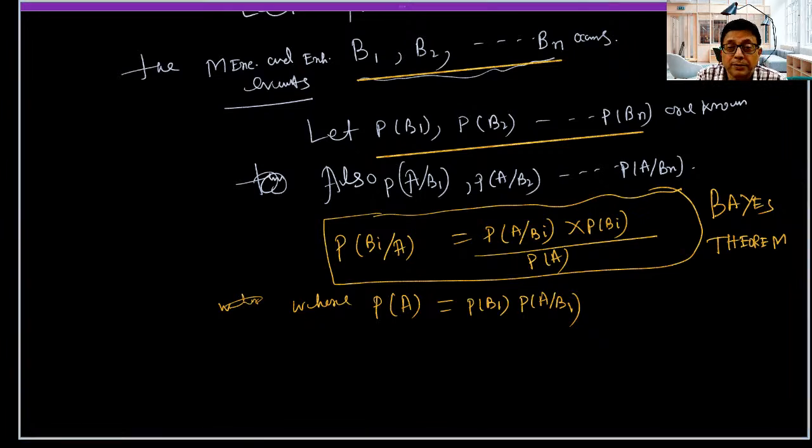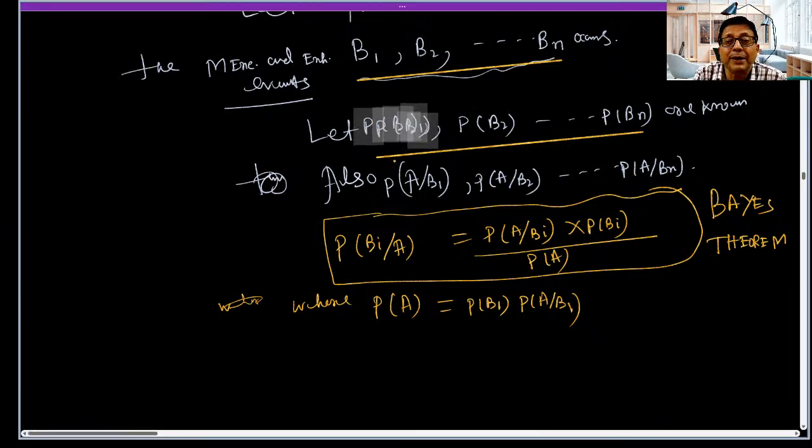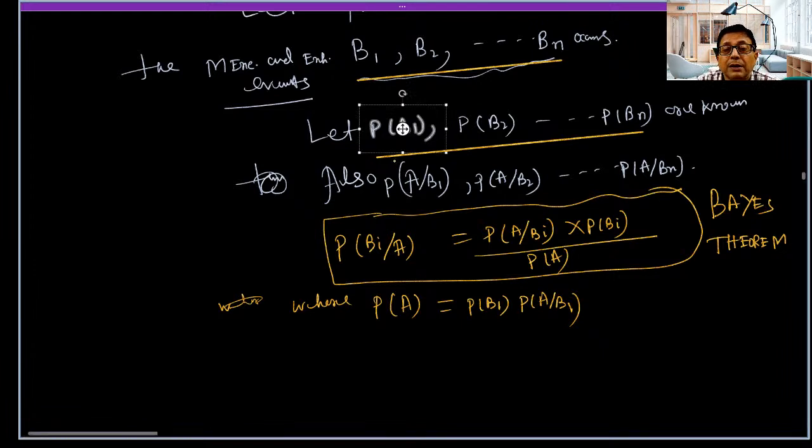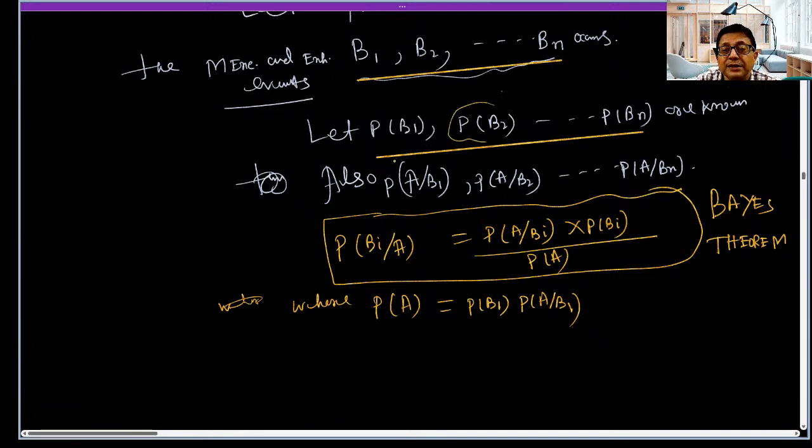The occurrence of event A can be via this one, via this one, via this one. Okay?